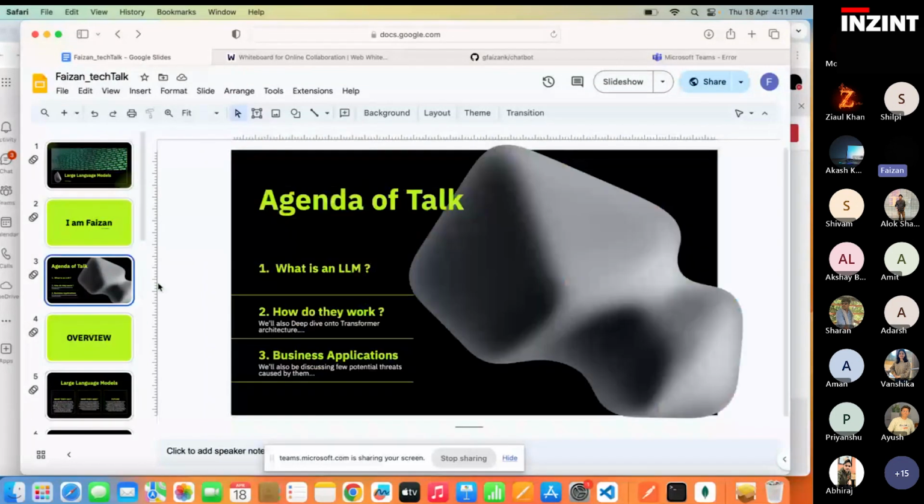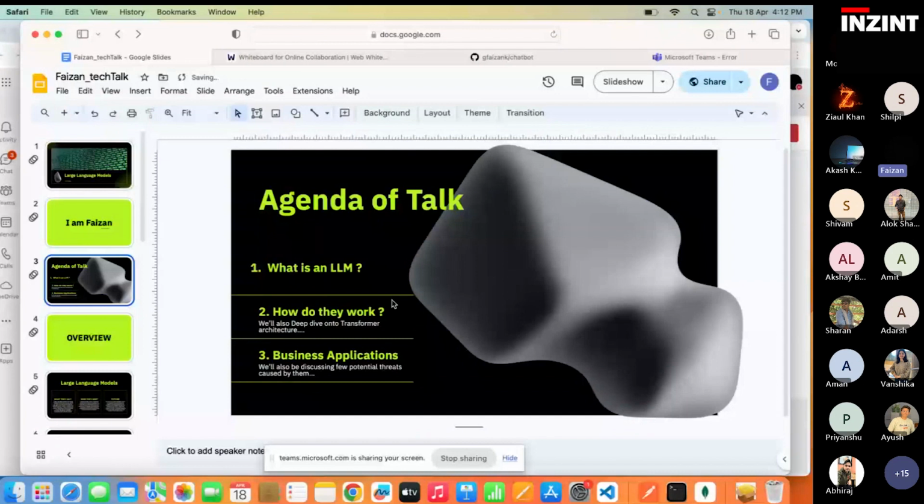The agenda of the talk today is all about large language models. I hope many of us might have heard about them. We'll basically talk about three things today. First would be what is an LLM? The second would be how do they work?